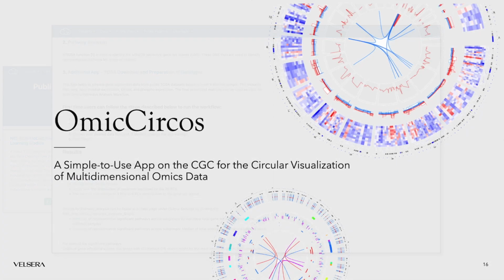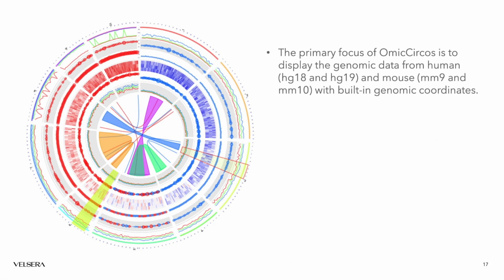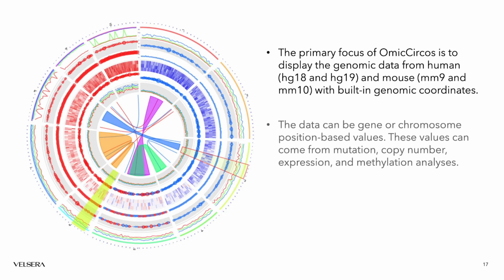Our next example is OmicCircos, a simple-to-use app on the CGC for the circular visualization of multidimensional omics data. The primary focus of OmicCircos is to display the genomic data from human and mouse with built-in genomic coordinates. The data can be gene or chromosome position-based values.